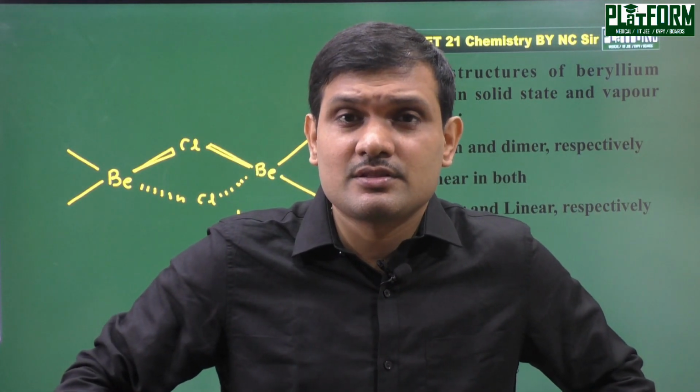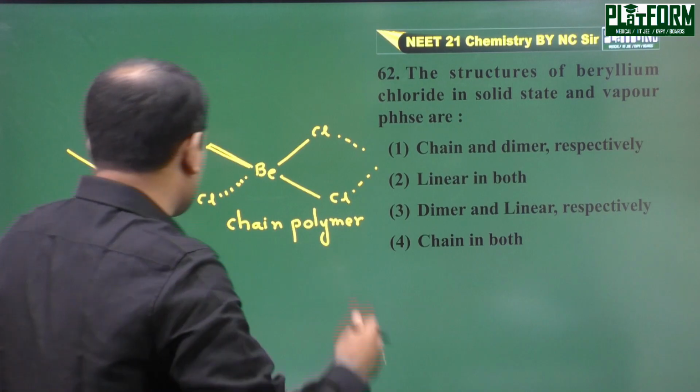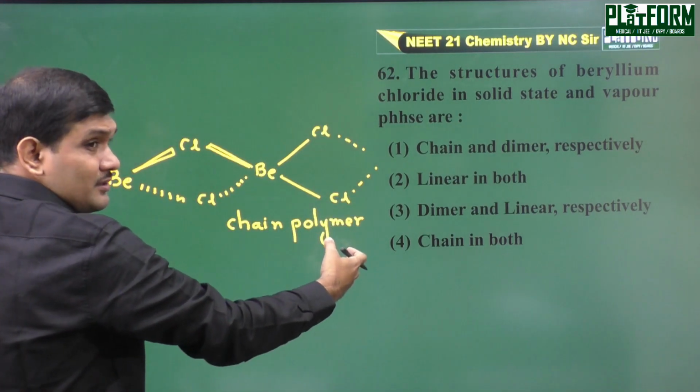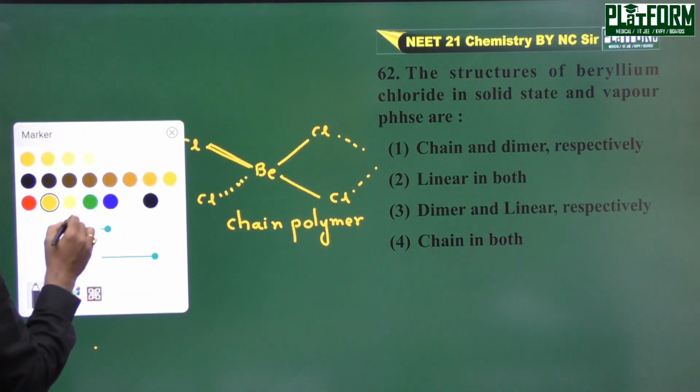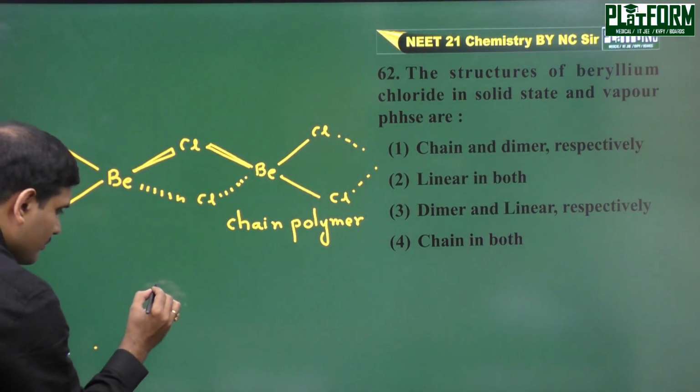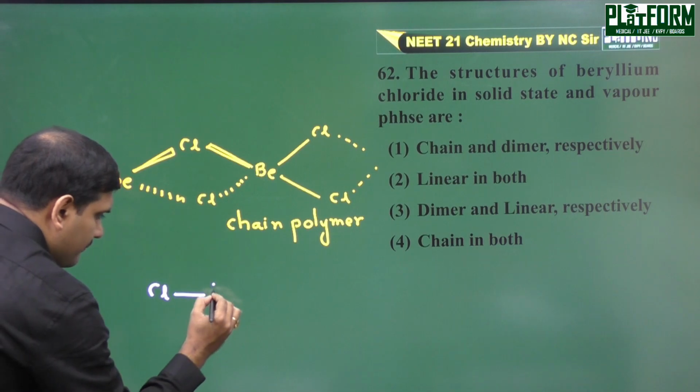It will exist as a dimer. It will be like this, the dimer. BeCl2 will exist as a dimer.